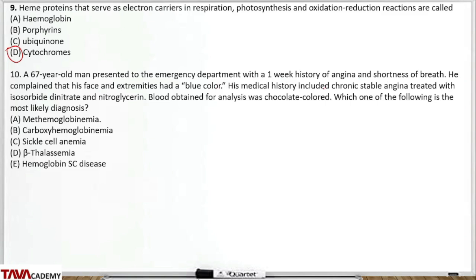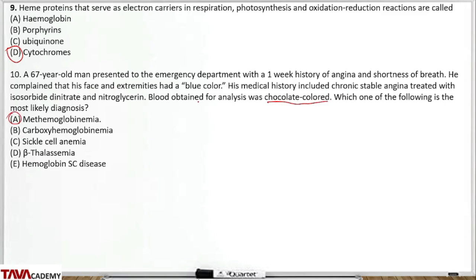His medical history included chronic stable angina treated with isosorbide dinitrate and nitroglycerin. These drugs actually increased levels of free radicals in the blood. Blood obtained for analysis was chocolate color. So this chocolate color is significant. Which one of the following is most likely that this patient had?